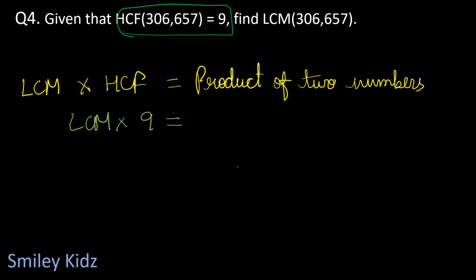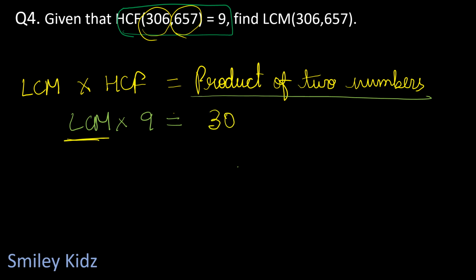And we're unknown about the value of LCM, and that is what the question asks us. And we know that LCM times HCF is equal to product of two numbers, and unfortunately the two numbers are already with us. So only unknown value is LCM. So it is 306 times 657.